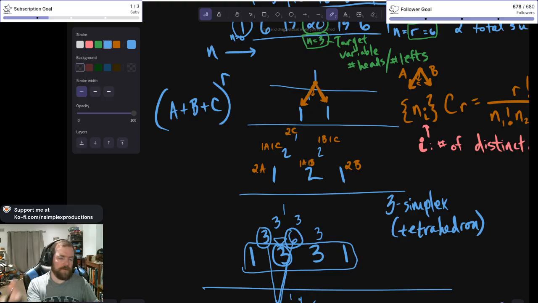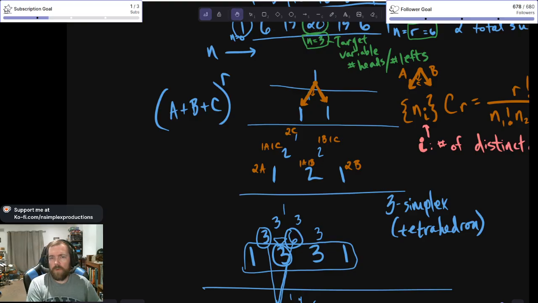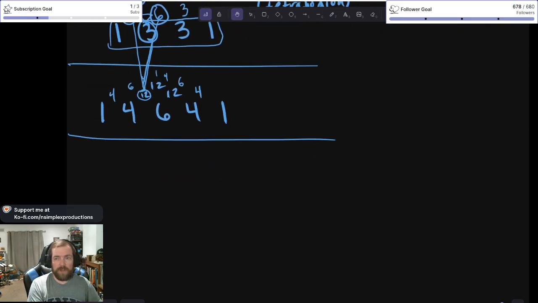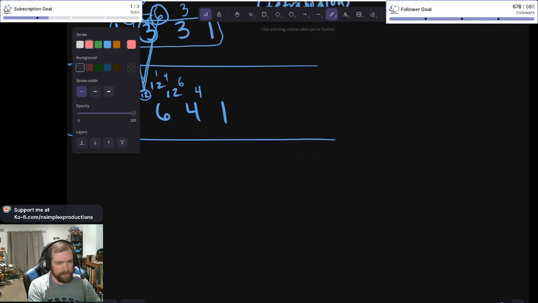So all of the different possibilities here end up getting us (a + b + c)^r. We can extend this to 4 dimensions as well. It gets much harder to draw. However, the first one is just 1, right? So r equals 0 when d equals 4 for a dimension.